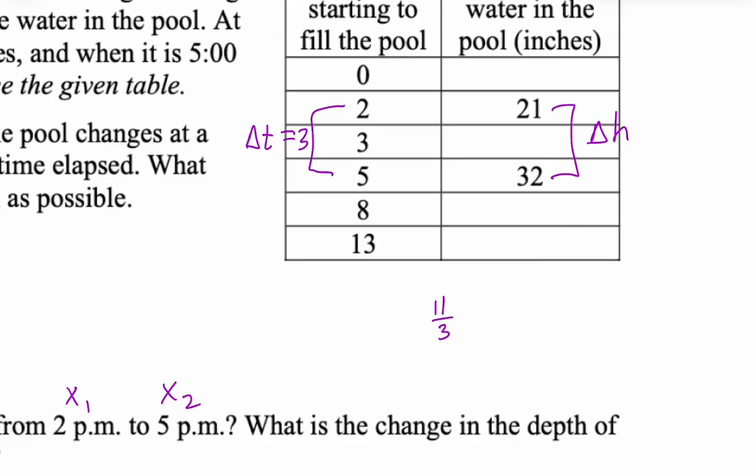11/3 times 2. Just put that 2 over 1. That's 22/3. So we have to take what we were at the 2-hour mark, and we have to take off 22/3. So let's remember how to do that. Anytime you're doing a whole number, subtracting some type of fractional thing from it, just put that whole number over 1.